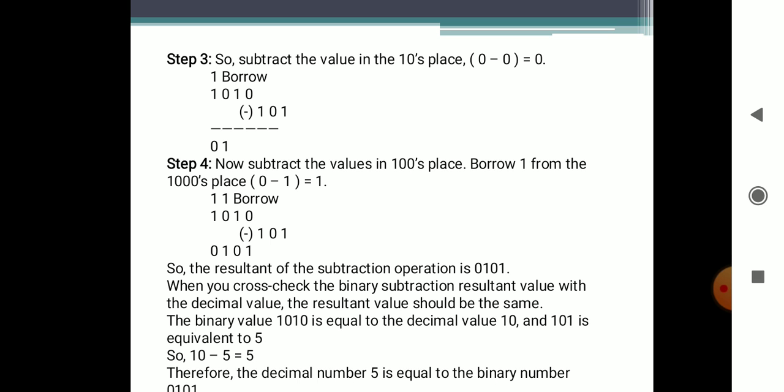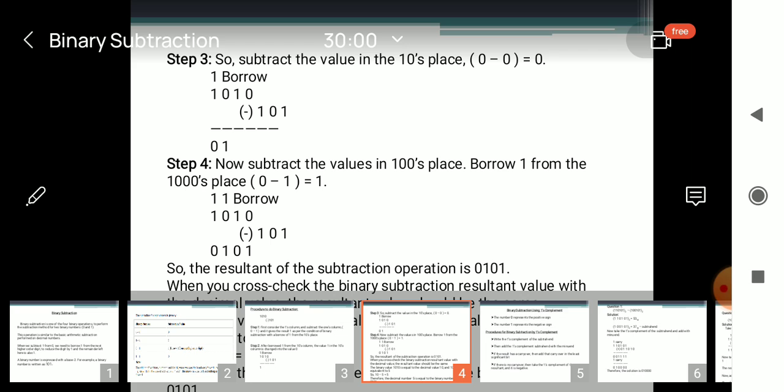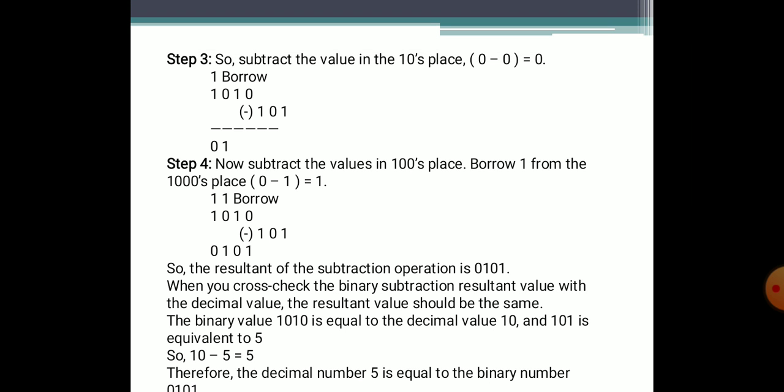The binary value 1010 is equal to the decimal value 10, and 101 is equivalent to 5. So 10 minus 5 equal to 5. Therefore the decimal number 5 is equal to the binary number 0101.